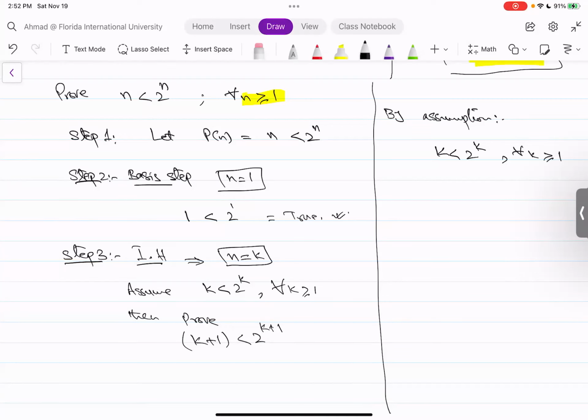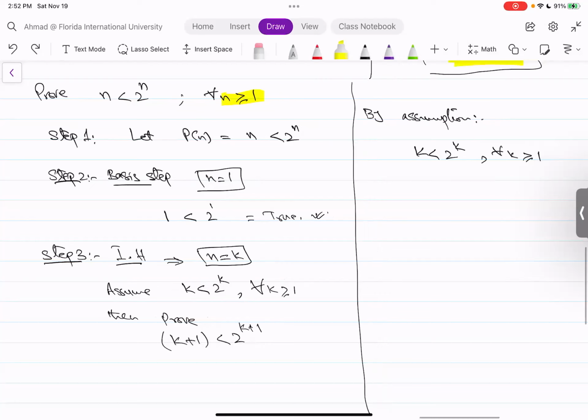If that is true, then my goal is to make the left hand side, this k, into k plus 1. Or the other goal could be to make 2 to the power of k into 2 to the power of k plus 1. So this is what I have to do. So how can I make this? We know that in our hypothesis, what we can see is my k value.